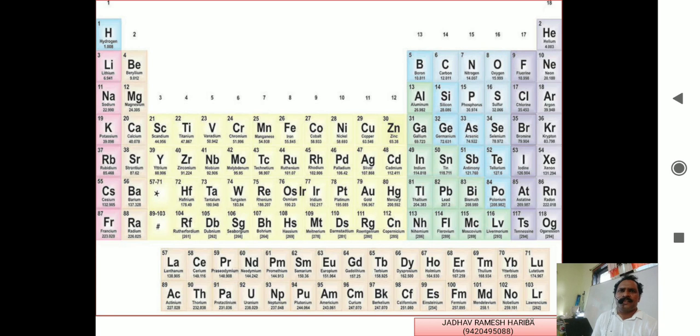In the third period: sodium, magnesium, aluminum, silicon, phosphorus, sulfur, chlorine and argon. In the fourth period it continues. So this modern periodic table contains the 18 groups and the 7 periods.